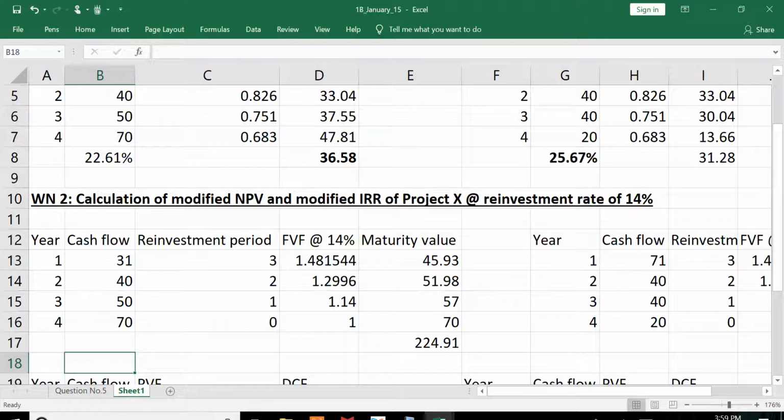The maturity value is 224.91. Calculate a similar maturity value for the other project.